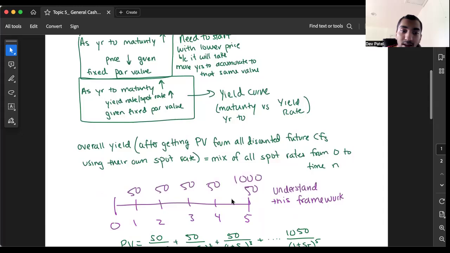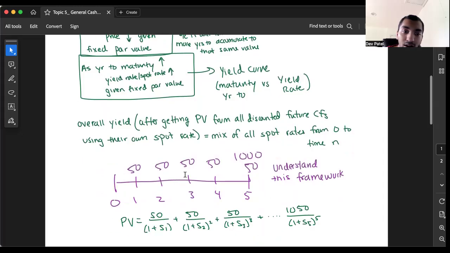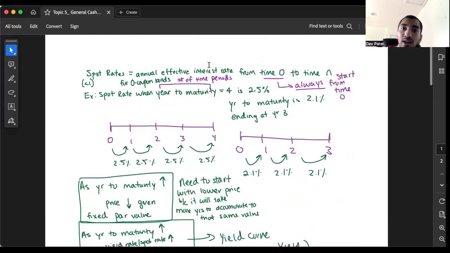If we look at this time diagram over here, with payments of 50 at times 1 to 5 and 1,000 as the par value or redemption amount, we can discount each of these by their own individual spot rates. As we talked about before, spot rates start at zero.